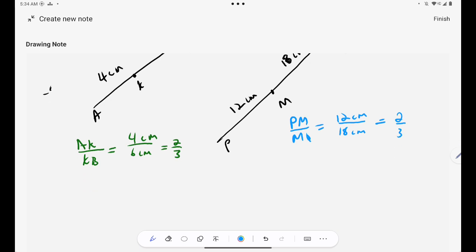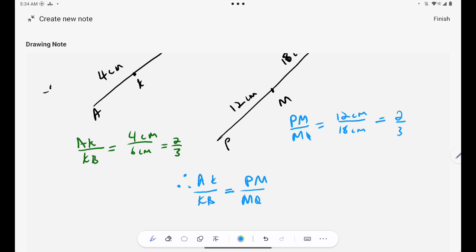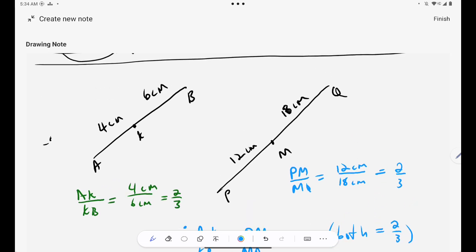Okay, so we can conclude that line AK and line KB are in the same proportion as line PM and MQ. And are you together? Why am I saying this? Because both of them have the same ratio. Are you together?